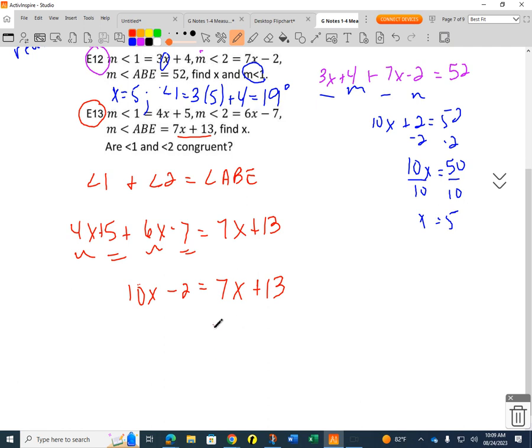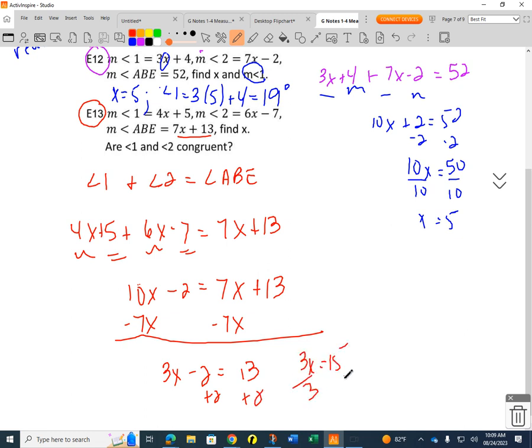I want to get my variables on the same side. I'm going to subtract 7x from both sides. So 3x minus 2 equals 13. And 3x equals 15. And x equals 5.